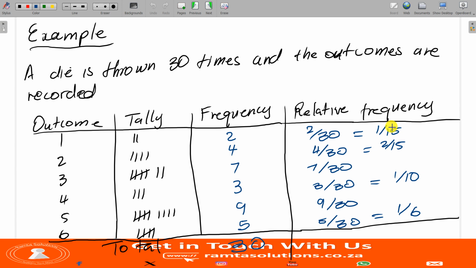It will be 1 over 15. As simple as that, you get your marks. And this is how you do your relative frequency, i.e. experimental probability. You will see this shortly in statistics.